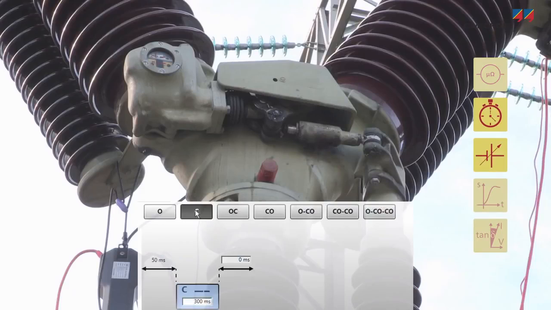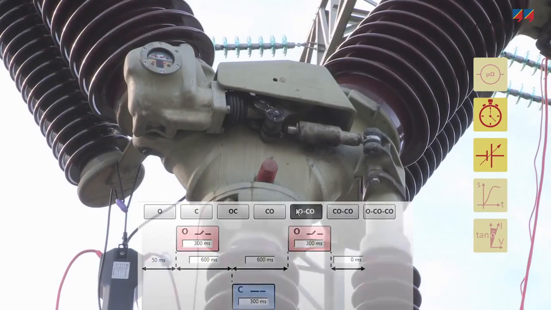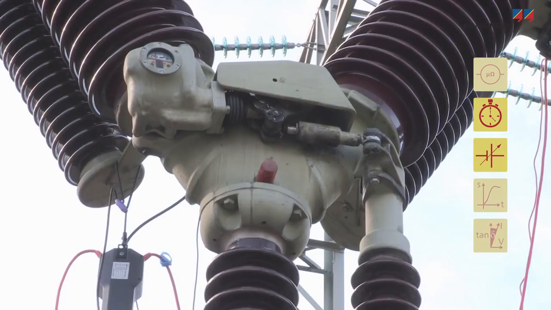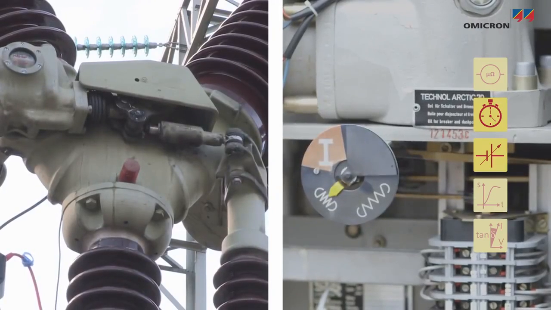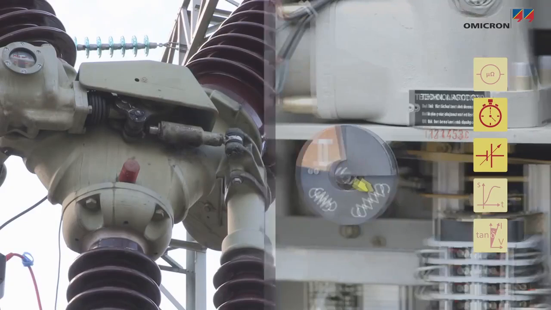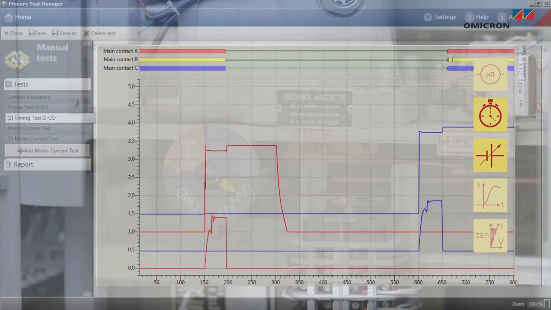An analysis of the opening and closing times of the circuit breaker contacts can validate mechanical performance. Differences between individual contacts and individual phases must fall within defined limits.